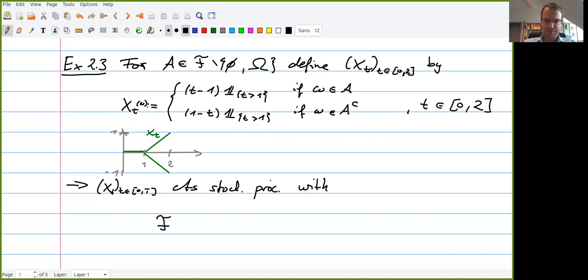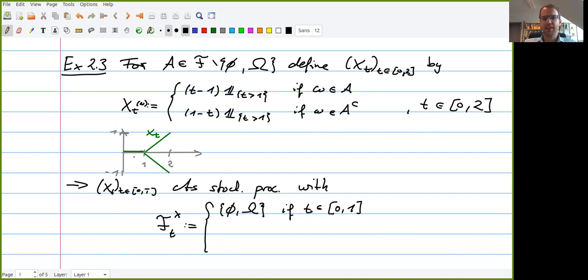If we start considering the natural filtration here, what is it? Again, we have two cases: up to time 1 and after time 1. If t is between 0 and 1, what is this? The minimal filtration I need to make this stochastic process measurable is nothing else than the trivial one, because these are just constants.